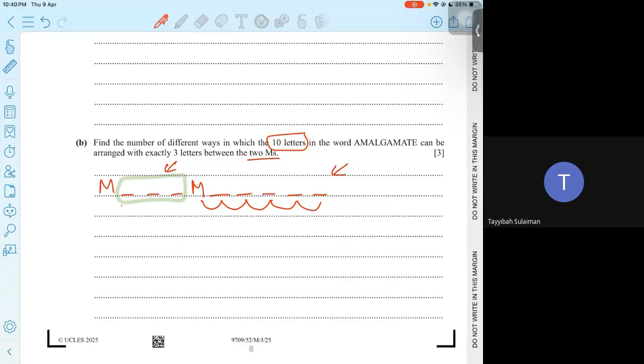So I first found the number of permutations in the 3 blocks, and I did that by saying A choose 3. And then I multiplied that value by 2 because the M and 3 letters between the 2 M's can be there twice because there's 10 letters and those take up 5.